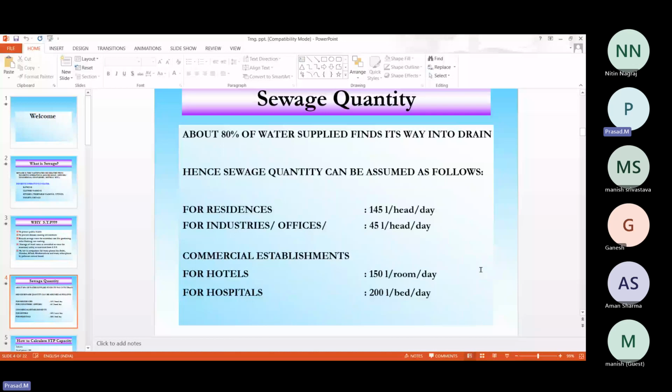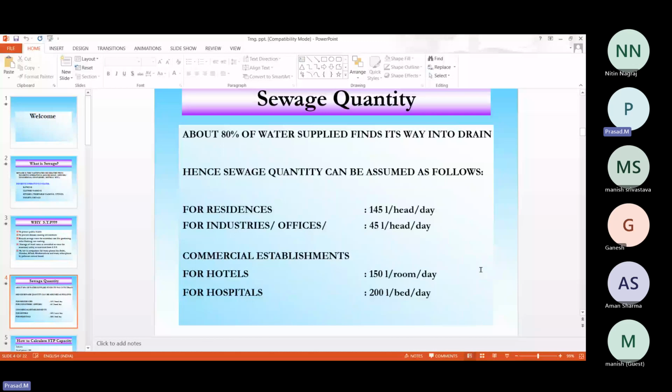If we go to any residential area, people tell you only how many flats they have. Suppose one person tells you we have 100 flats, then what is the capacity of STP?